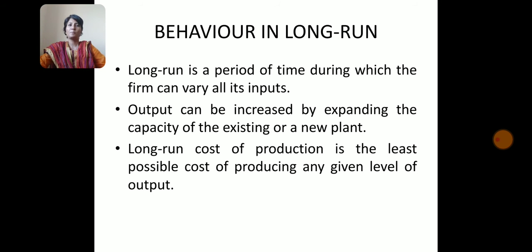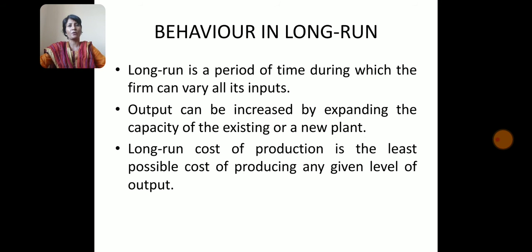Long run is a period of time during which the firm can vary all its inputs. In long run, output can be increased by expanding the capacity of the existing or a new plant. In long run, none of the factors of production will be fixed and all can be varied to expand the output.